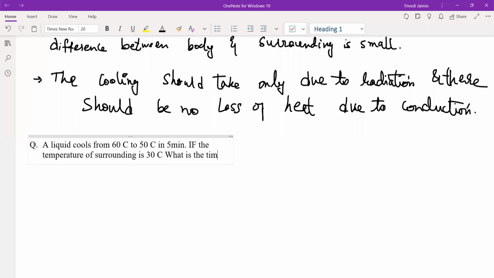What is the time taken by the liquid to cool from 50 degrees Celsius to 40 degrees Celsius?